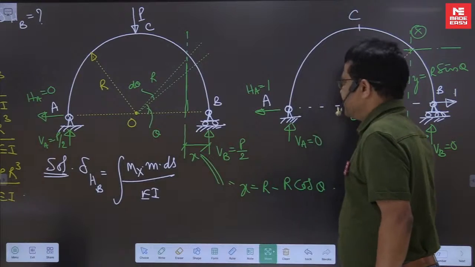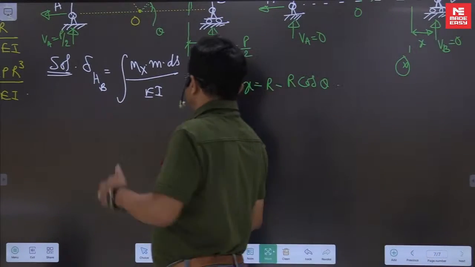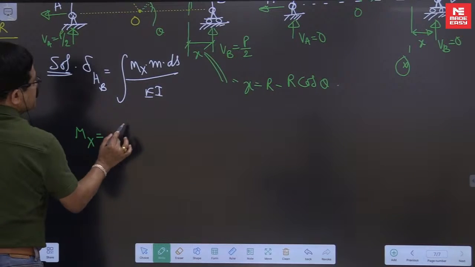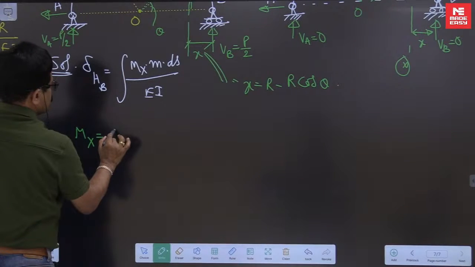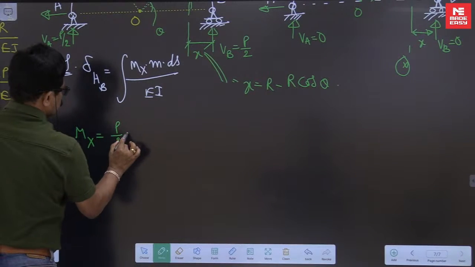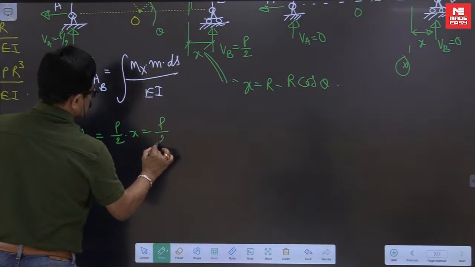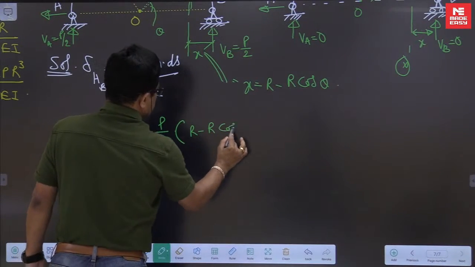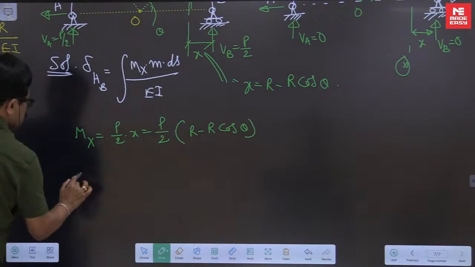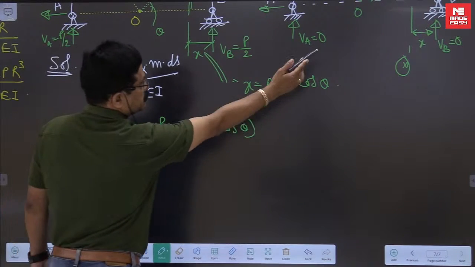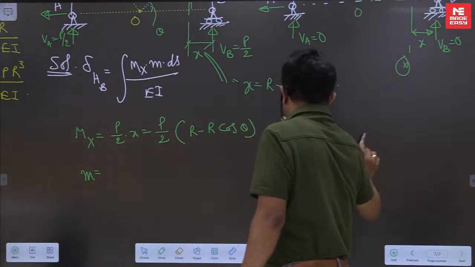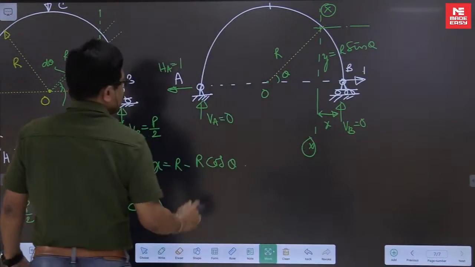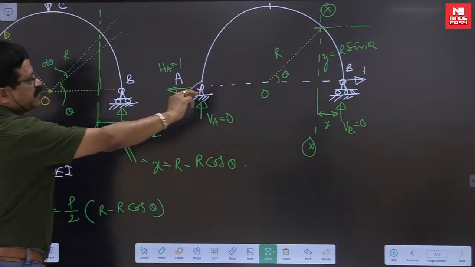Now we will find Mx. Mx is equal to plus P by 2 into x. X means R minus R cos theta. Small m, there, so we get 1 into y. Sagging section, right side anticlockwise, sagging.